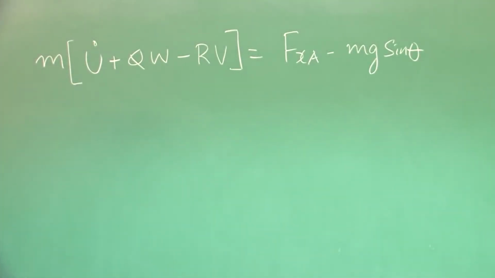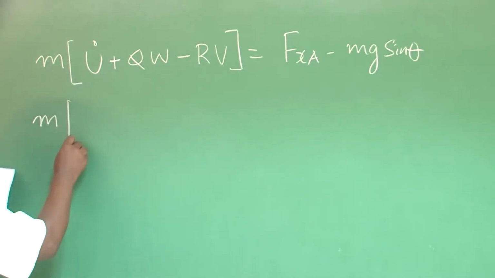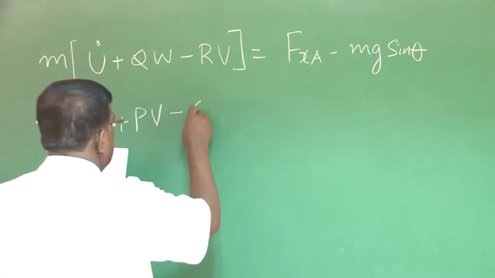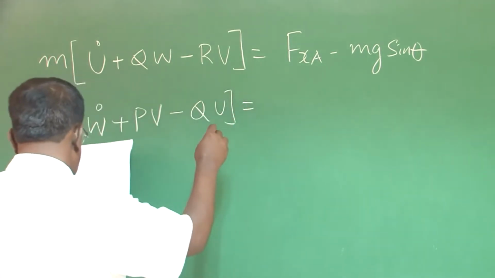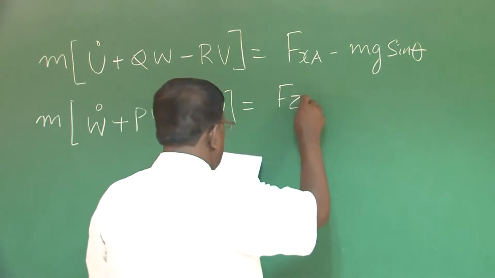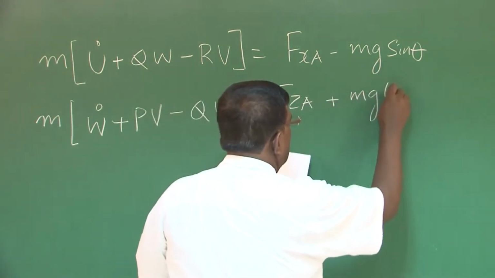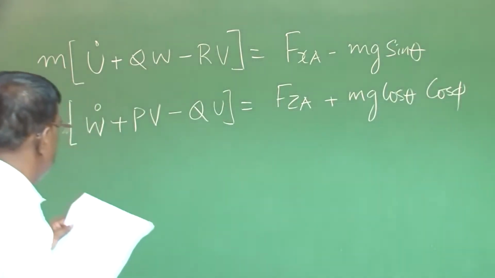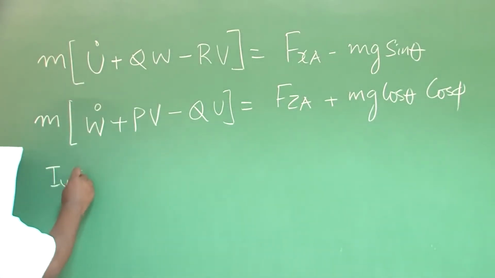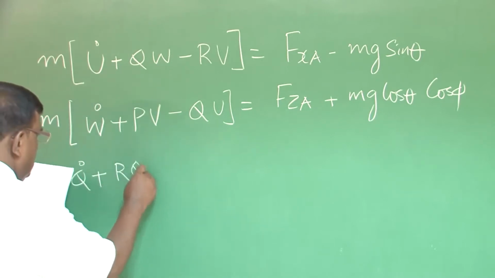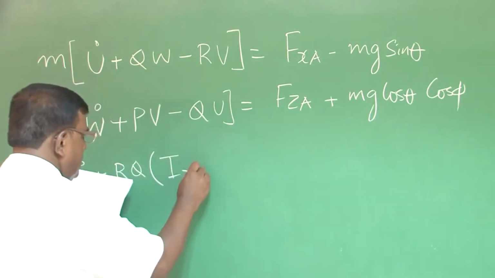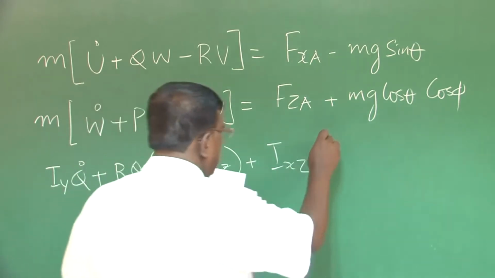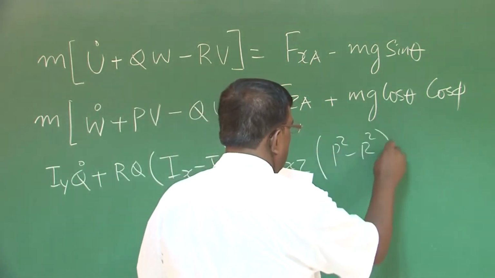This is one of the equations, and along the z direction the equation was m w dot plus p v minus q u is equal to F z a plus m g cos theta cos phi, and the pitching equation is I y q dot plus r q times (I x minus I z) plus I x z (p square minus r square) equal to M.